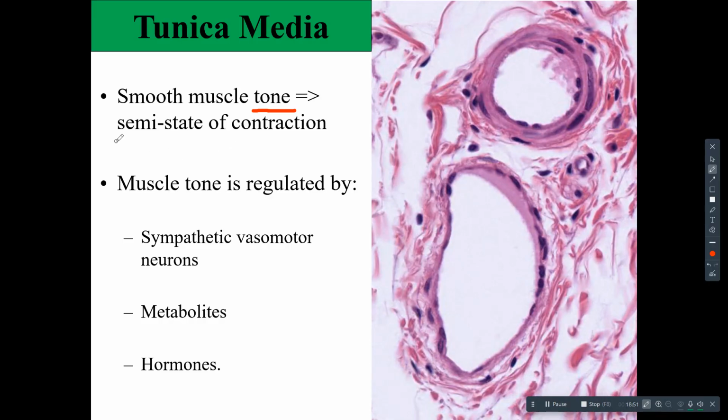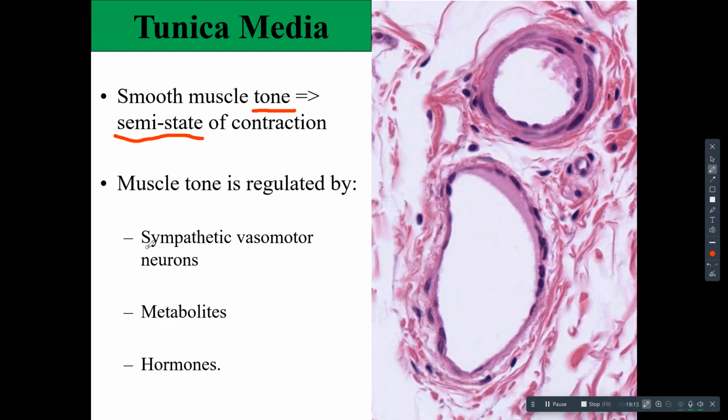And the nice thing about a semi-state of contraction is you can contract more or you can contract less. Like you can go in both directions. And the muscle tone of my media is affected by the vasomotor neurons that we mentioned a moment ago.